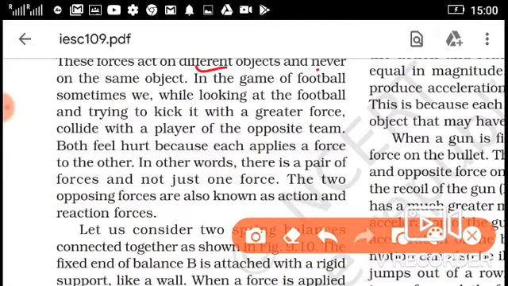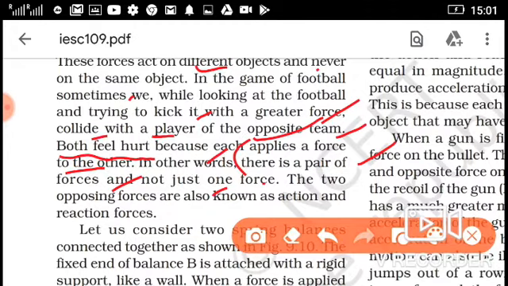In the game of football, sometimes while looking at the football and trying to kick it with a greater force, we collide with a player of the opposite team, and both feel hurt because each applies a force on the other. That is the meaning of the third law. The two objects apply force on each other. In other words, there is a pair of forces and not just one force.